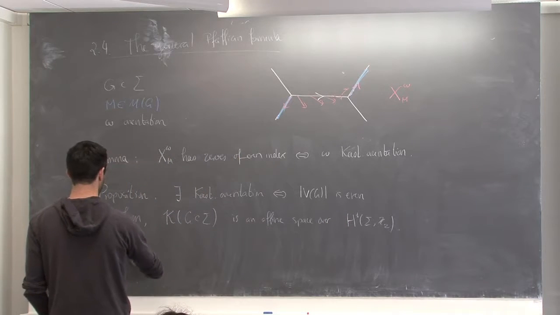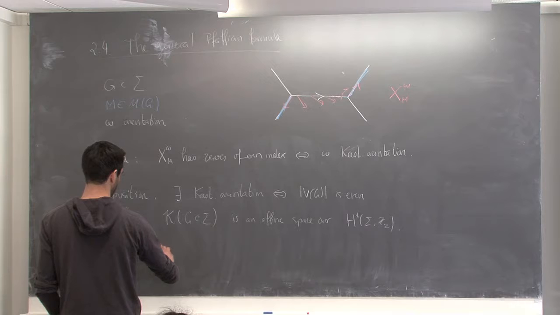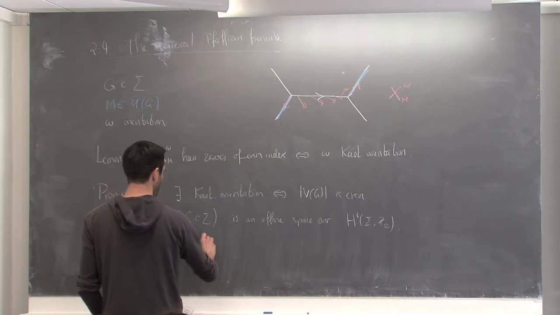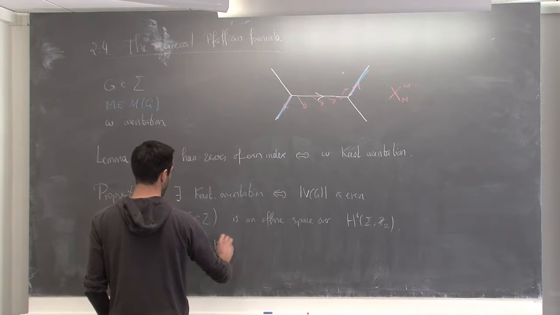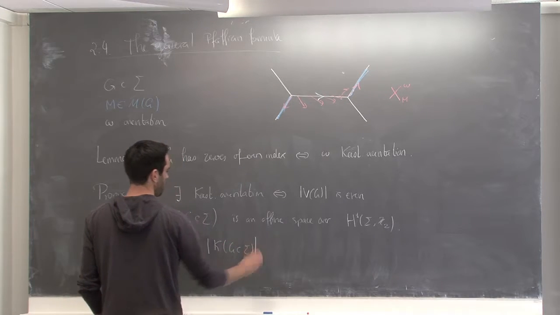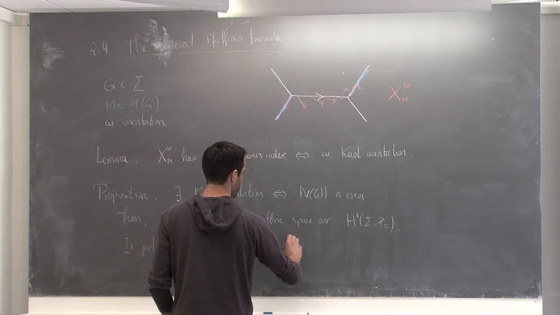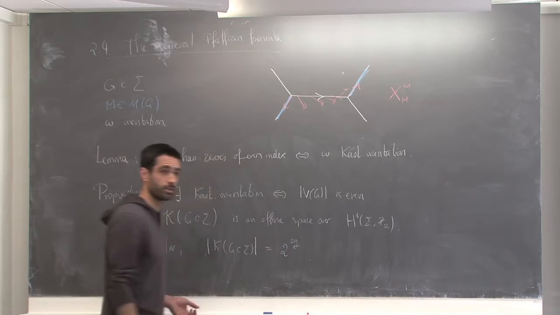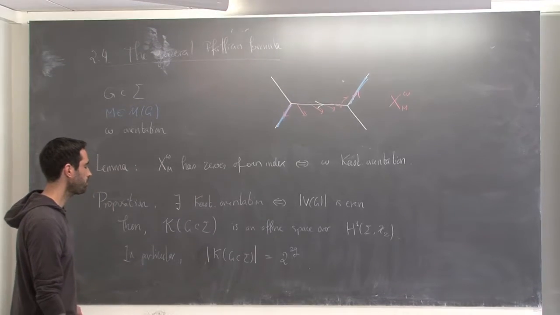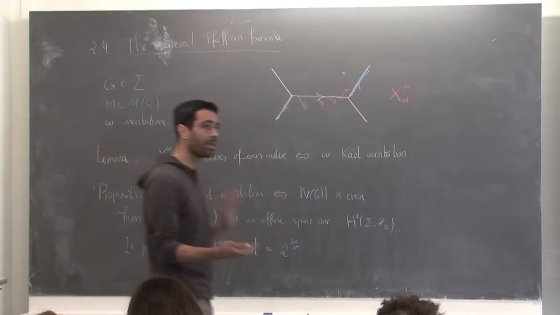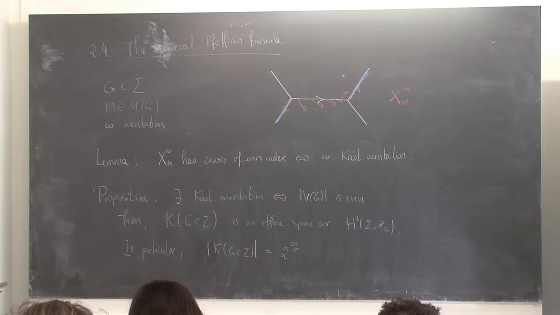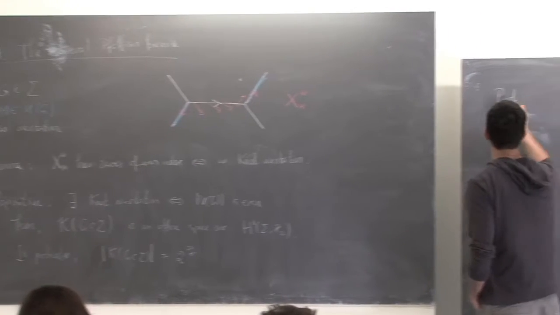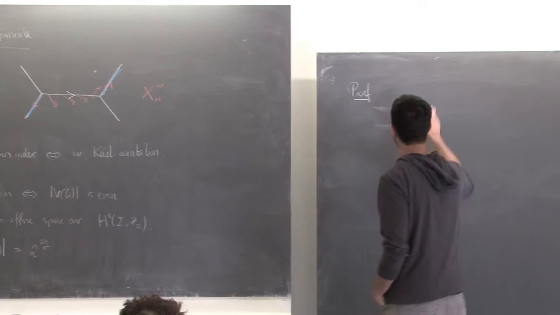So in particular, the number of equivalence classes of Castelline orientations is 2 to the power 2g, where g is the genus of the surface. If you're in the plane, there is essentially a single Castelline orientation. If you're on torus, there are 4, etc. So I had already proven the first part.